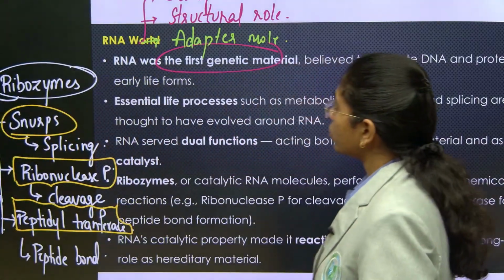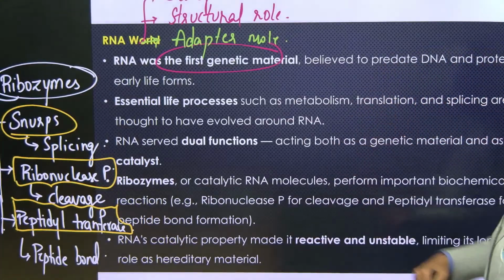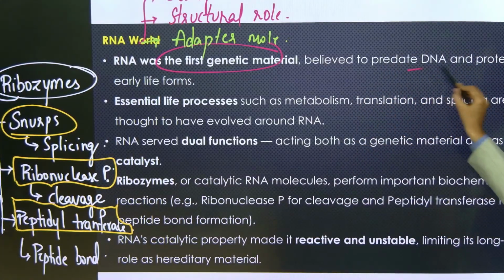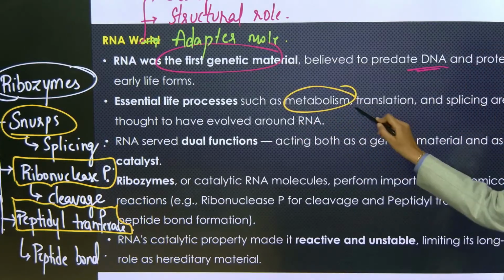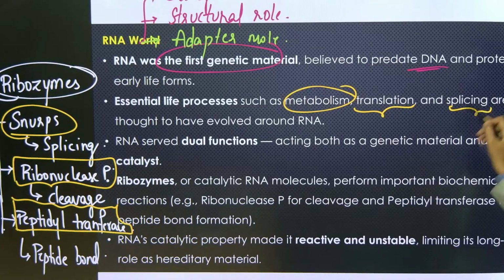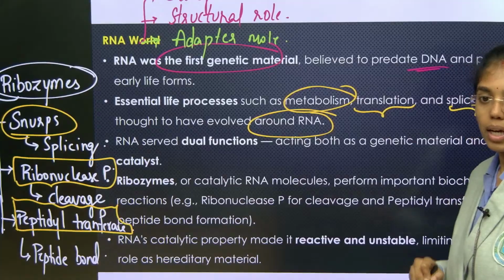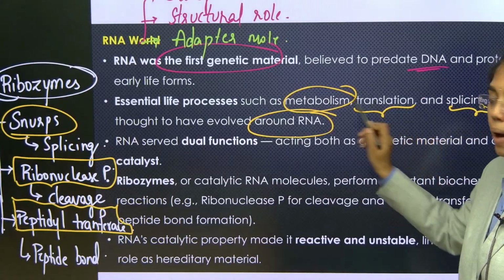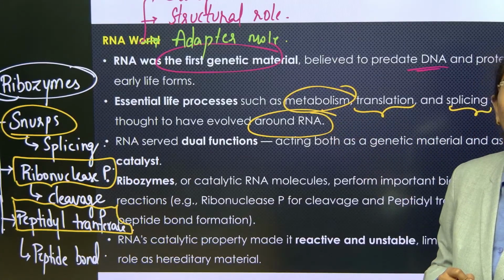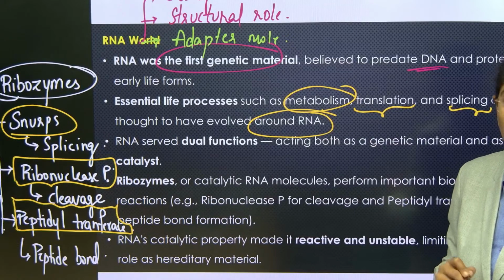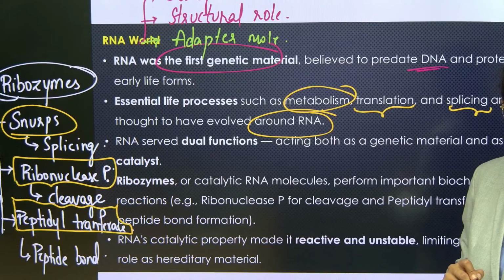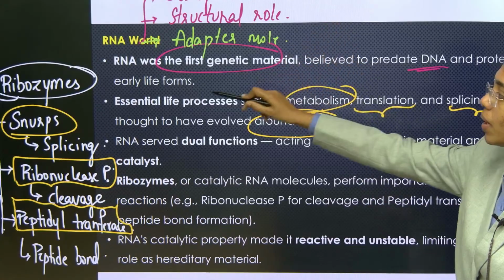So here we go. RNA is the first genetic material, which is believed to predate DNA and proteins in early life forms like some viruses. Essential life processes such as metabolism, translation and splicing are thought to have evolved around the RNA only. Metabolism means biochemical reactions that are happening. Many of the biochemical reactions have catalysts that are ribozymes.